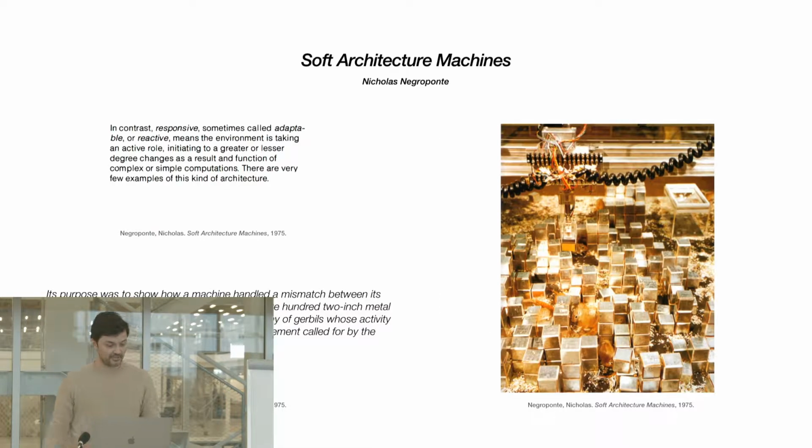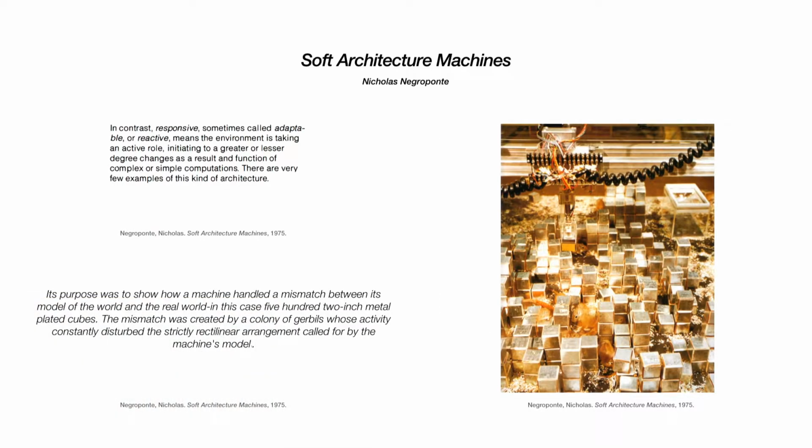And then a few years later, in his book Soft Architecture Machines, Negroponte introduced into his work this cybernetic idea of feedback loops. This is now very interesting to observe. His interpretation of cybernetics led him to completely change his idea of design. What he decided to do is completely eradicate architects from the design process. So we do not need architects.